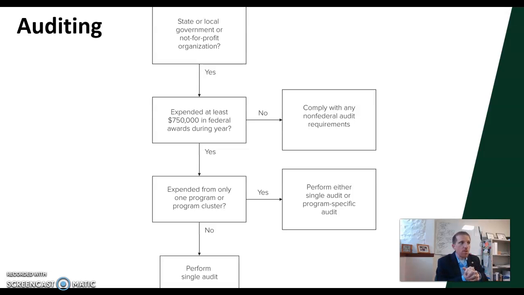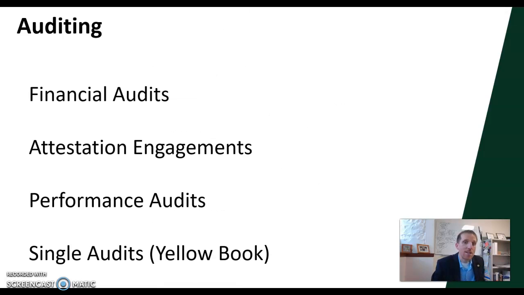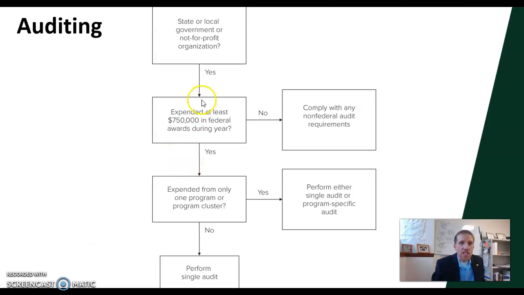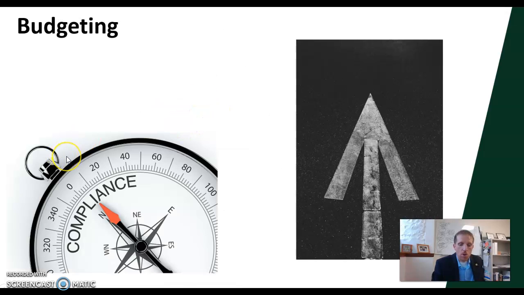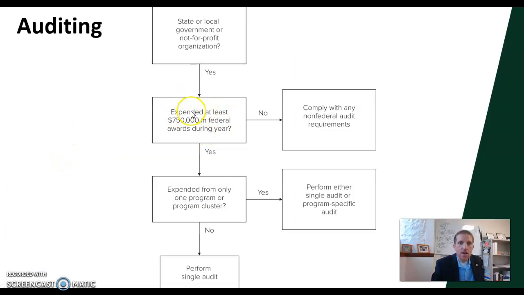Is it a state or local government, or a nonprofit? Did they expend at least $750,000 in federal awards during the year? So notice what that says. It says expend. The idea here is how much did you spend in federal awards this year?